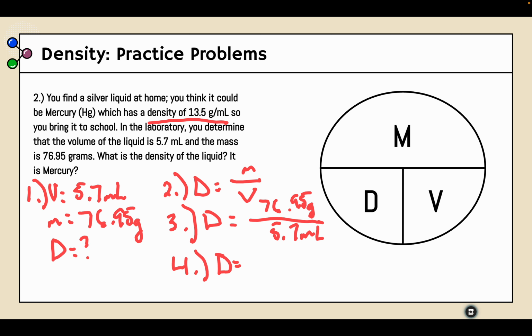I'm going to take 76.95 divided by 5.7. And look at that. What do I end up with? I get 13.5 grams per milliliter. So is this particular silver liquid that I found at my house mercury? You would tell me, yes, it absolutely is mercury.